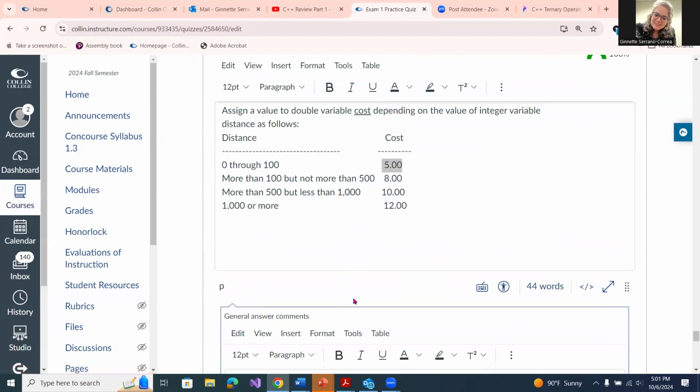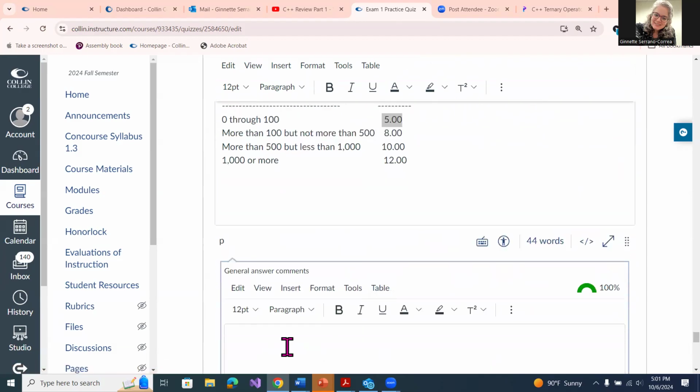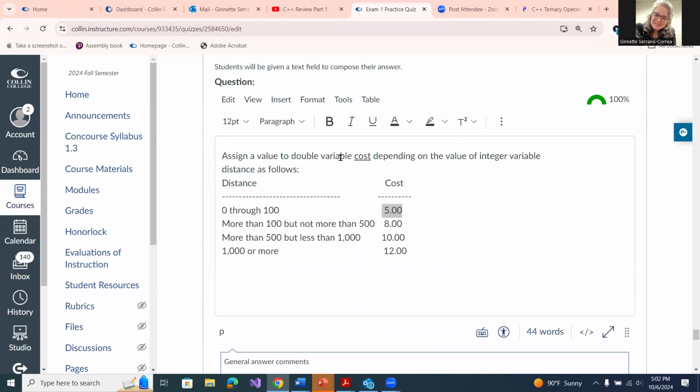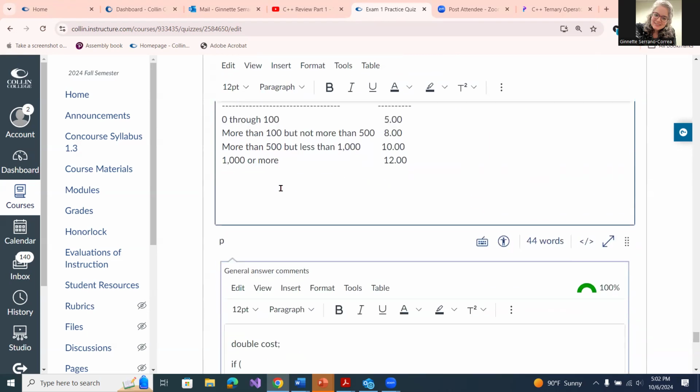So let's see if I can type in here. Okay, so we have double cost. Assign a value to double variable cost depending on the value of integer variable distance. So the variable is distance.